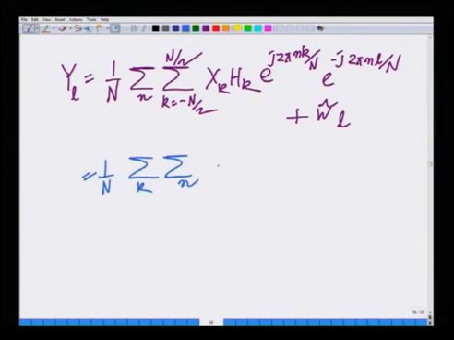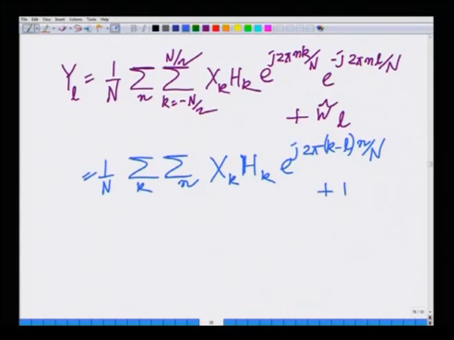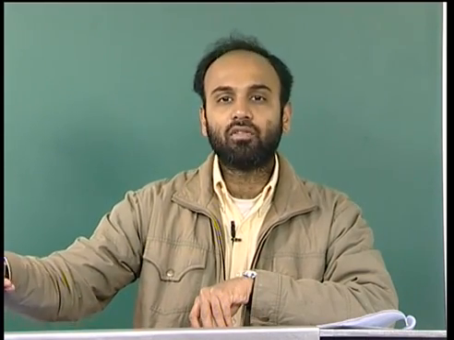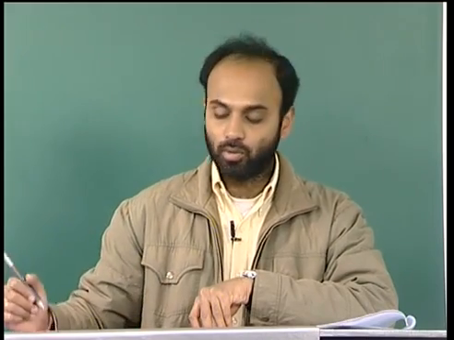I am going to combine e^(j2πk n/N) and e^(-j2πnL/N) as X_k H_k e^(j2π(k-L)n/N) plus W̃_L, where W̃_L is nothing but the FFT coefficient of all the noise samples. This is also a noise sample, W̃_L is the FFT coefficient of all the noise samples w_0, w_1, ..., w_{N-1}.